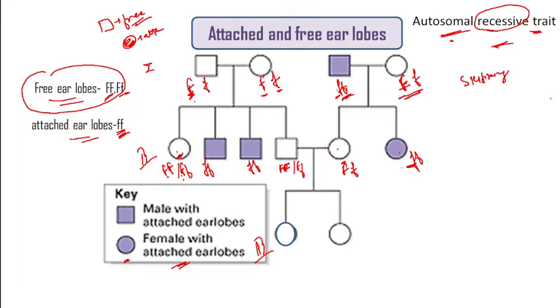So this individual would have inherited small f from the father and capital F from the mother. In this condition only the person will have free earlobes. Now what is the possibility of the genotypes of these two individuals? Either they inherit capital F from here and capital F from here, or capital F from here and small f from here. So both possibilities are there, and similarly here, capital F capital F or capital F small f.